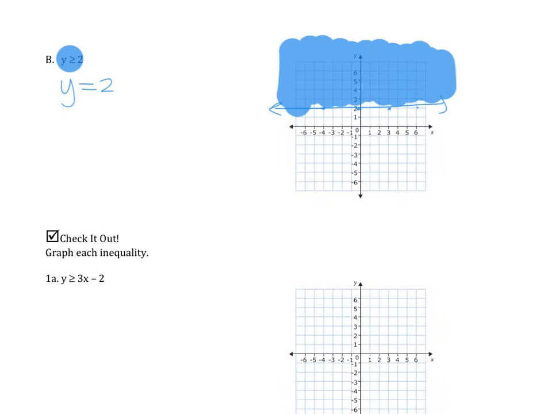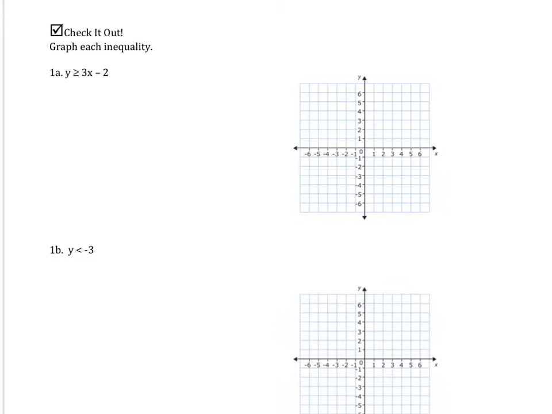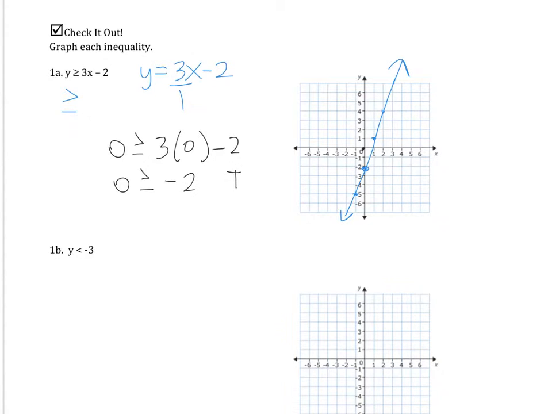Okay, it's your turn, you try. Looking at that first one, you graph the line y equals 3x minus 2.